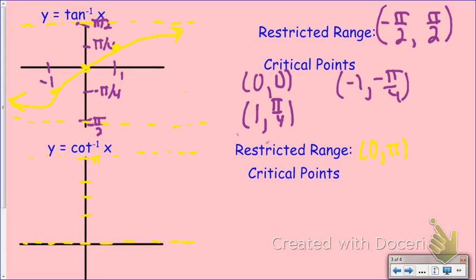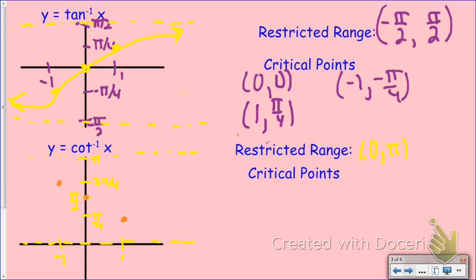I've got pi over 4, pi over 2, and 3 pi over 4. And I know back from what we did with those other functions, I know that the cotangent of pi over 4 is 1. So that's a point. The cotangent of pi over 2 is 0, and the cotangent of 3 pi over 4 is negative 1.